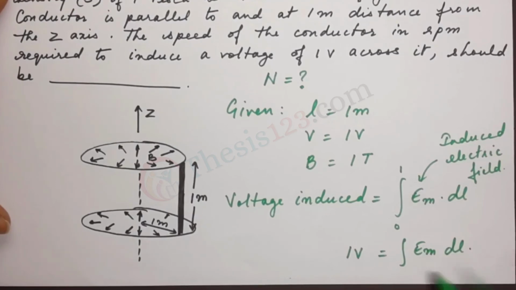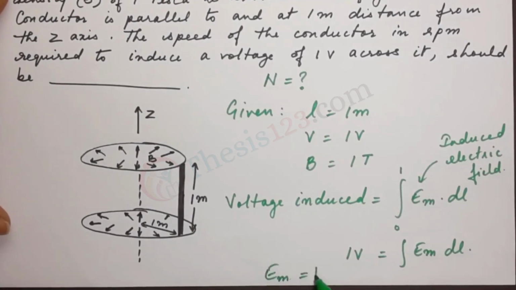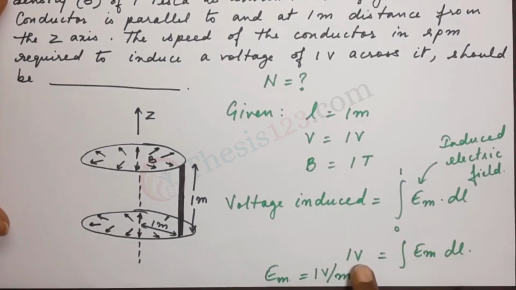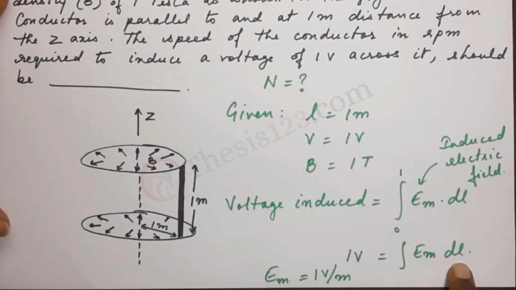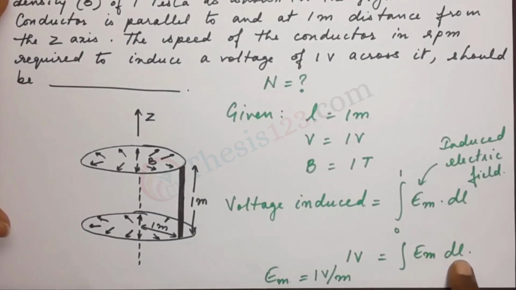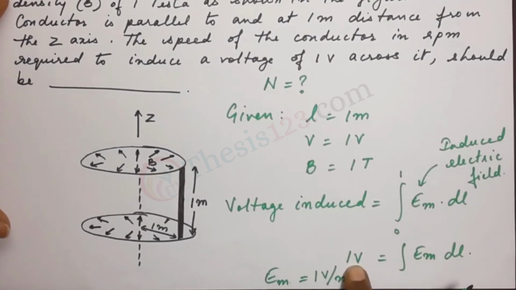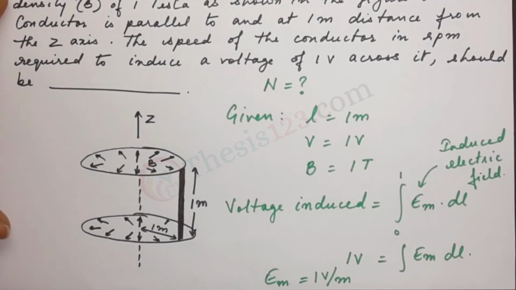So we can write this in terms of EM, or the induced electric field, as 1 volt per meter. Do you see that? If the induced voltage is equal to the integral of EM dl, now this is with respect to the length. So we write EM as 1 volt per meter. Okay, so that's our EM.